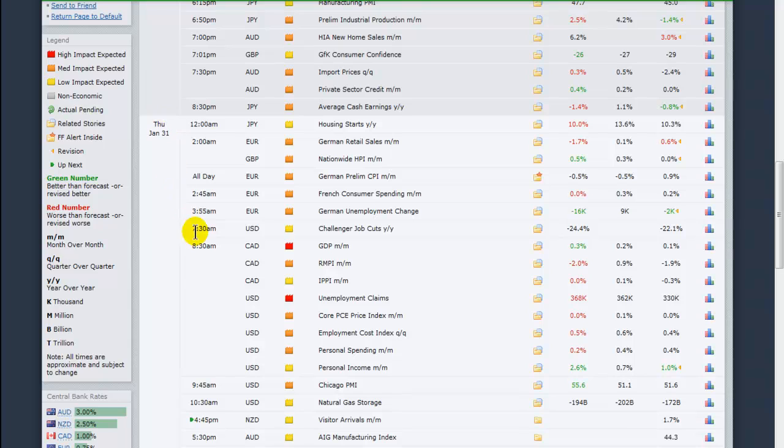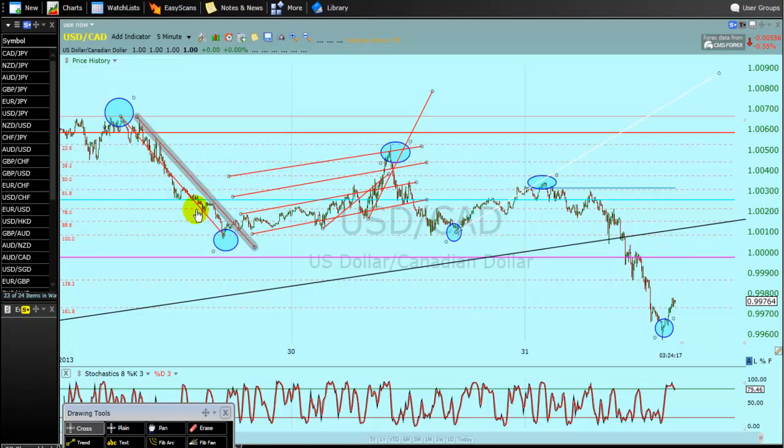On Thursday, the next day, GDP, Canada. Look, projection 0.2, actual 0.3, bullish for the Canadian dollar. So you can understand fundamental traders saying that, all right, you should be selling the dollar against the Canadian dollar. Music has changed here, okay?